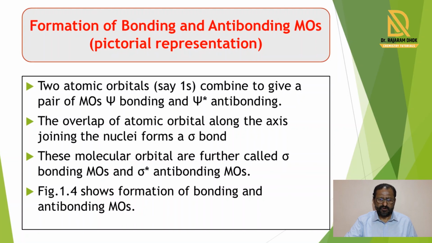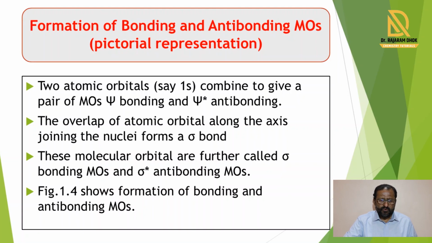That molecular orbital is called the bonding molecular orbital, and the other molecular orbital, psi star, is called the antibonding molecular orbital. The psi bonding and psi star antibonding molecular orbitals are formed by combination of the 1s atomic orbital of one atom and the 1s atomic orbital of the second atom.